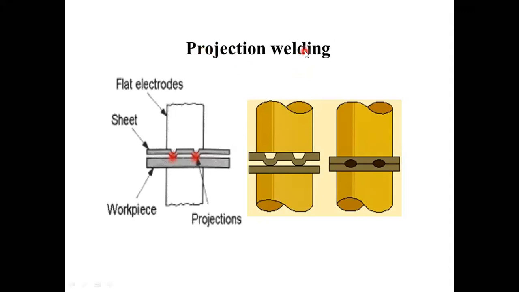But in projection welding, two, three, or maybe four points of contact are provided, so there is not only one spot. More than one spot will be created, so that the joining will be more efficient and more robust. That is projection welding, and the other things are all the same as spot welding.